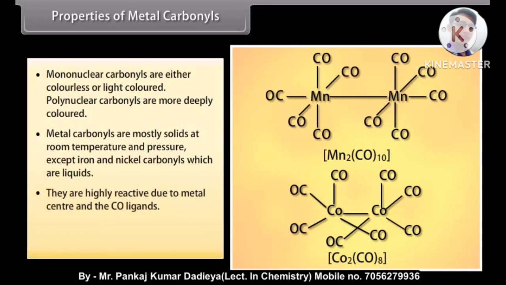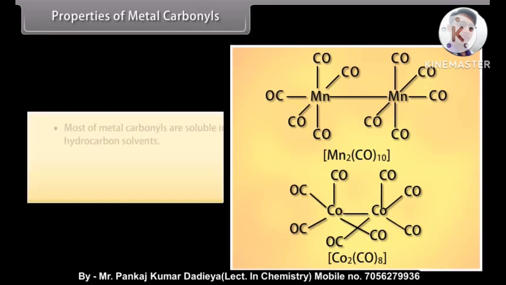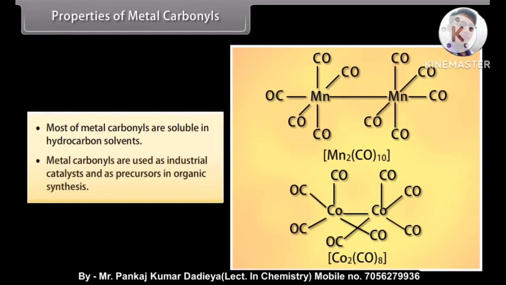They are highly reactive due to metal center and the CO ligands. The mononuclear carbonyls are volatile and toxic. Most metal carbonyls are soluble in hydrocarbon solvents. Metal carbonyls are used as industrial catalysts and as precursors in organic synthesis.